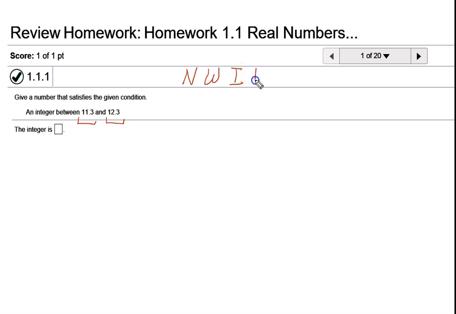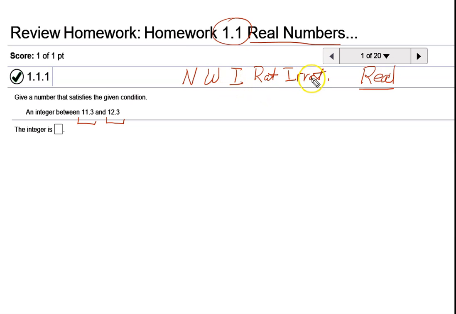Then we had rational numbers, and then irrational numbers. And then all of these sets made up all the numbers on the number line, which are the real numbers, which is what we're featuring in topic 1.1.